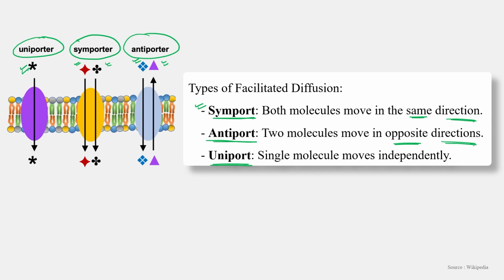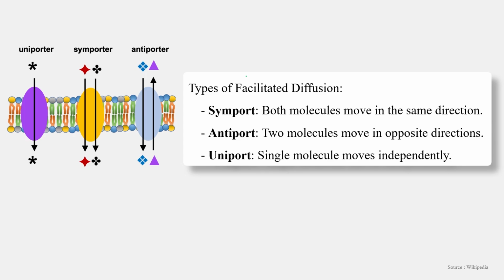So facilitated diffusion is of three types: same direction movement, symport; opposite direction movement, antiport; and single molecule movement in any direction, moving independently, which is uniport.